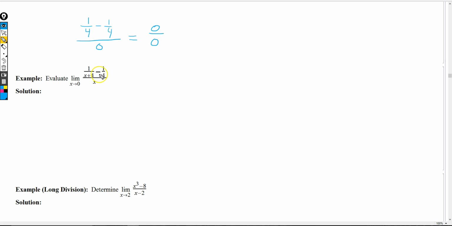Now what we're going to do with this problem, it's not a polynomial to be factored, but we can do this. We're going to simplify the numerator by cross-multiplying or finding a common denominator. Now remember, when you add fractions like this, what you can do is multiply the a and the d, and then either add or subtract b times c, and then divide that by b times d.